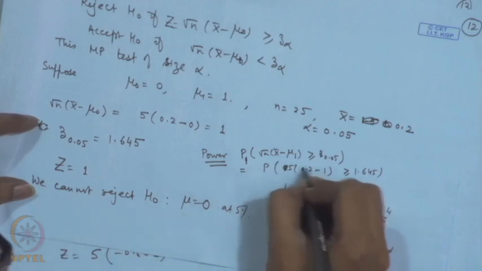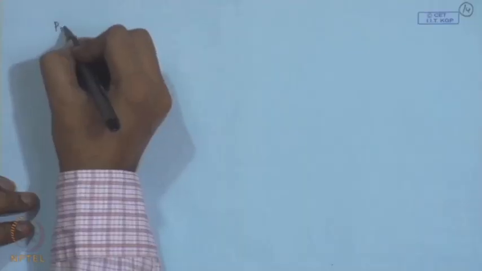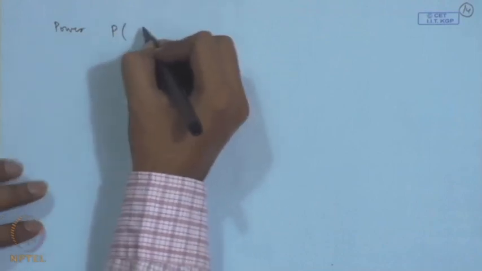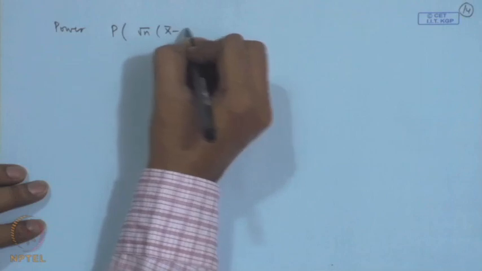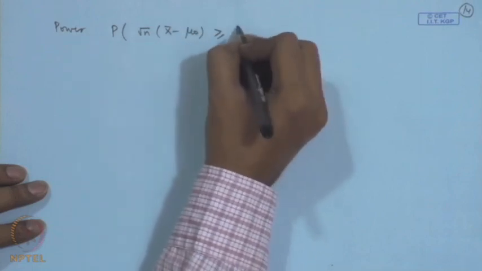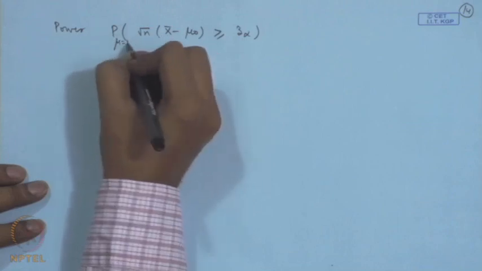Sorry, this is not the correct calculation. Let me do it again here. Probability of root n times x bar minus mu naught greater than or equal to z alpha under mu is equal to mu 1.